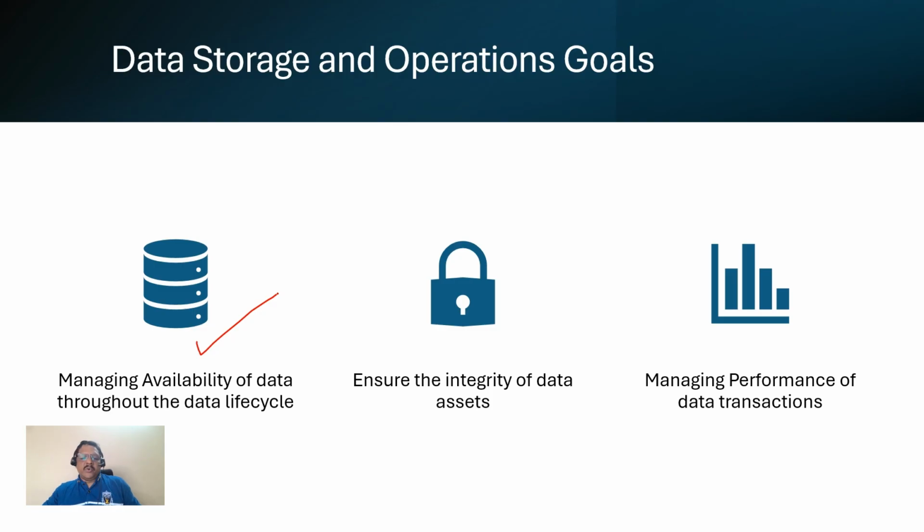Then second is ensuring integrity, which means protecting data assets from corruption, loss, or unauthorized modification. And finally, it is managing the performance of data transactions. It is optimizing the speed and efficiency of data transactions for business needs. So that is basically the goals. These goals are foundational to maintaining trust in data and supporting operational and analytical processes.